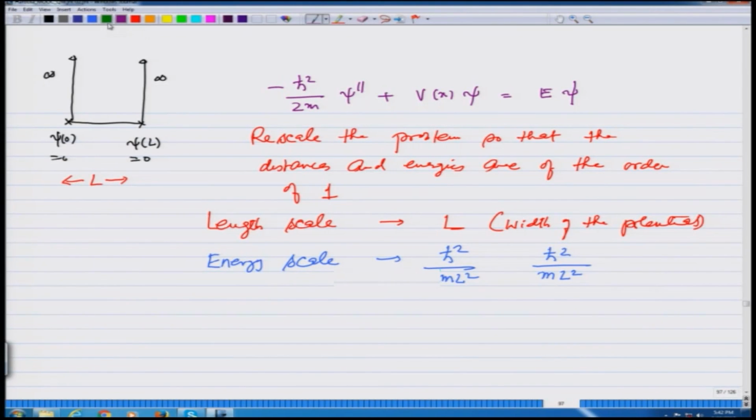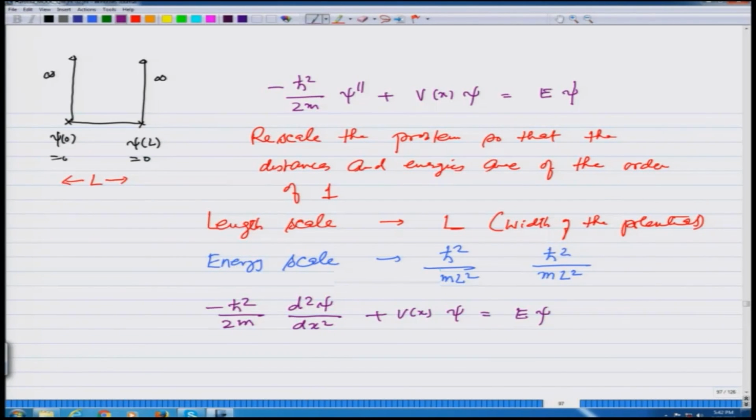So, when we do that, we have minus h cross square over 2 m d2 psi over dx square plus V x psi equals E psi.